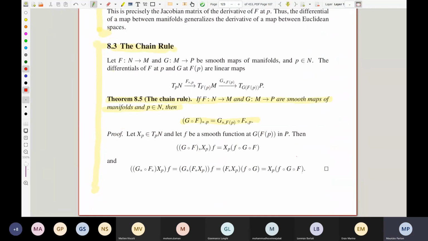The standard properties of these objects that we are defining in such a rush are that they can be composed. If you have a map this way and a map this way, you can make the composition of these two maps going from N to P. And then you ask what happens if you take the differential of this composition.